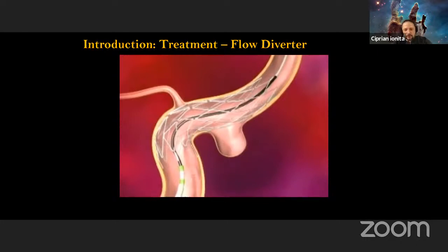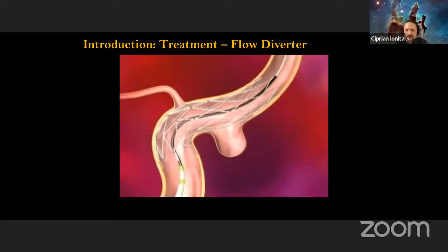If you elongate it, the spaces in between the wires become wider, and the flow is less. And if you compact it and bring it together, then the spaces in between the metal struts become smaller and divert the flow a lot.